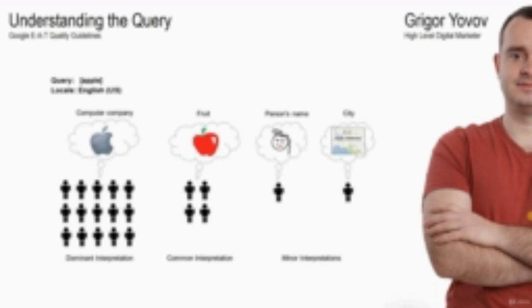The common interpretation is the fruit. Common means that fewer people are thinking about this interpretation when they search for Apple, and person name and city are minor interpretations, and actually they have less value in this case, because very few people would think that Apple is the name of a city or a person's name, etc. So the most important are the dominant interpretation and the common interpretation.